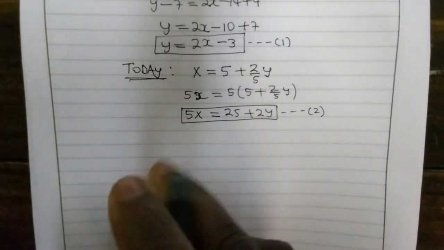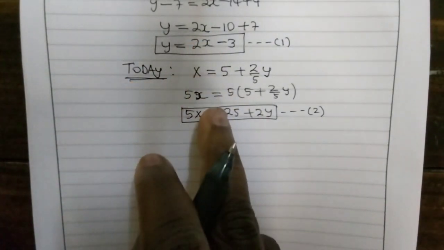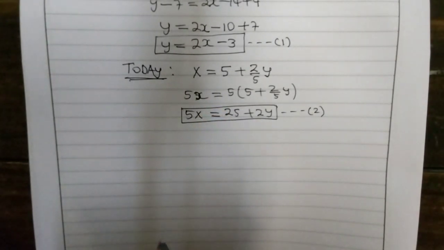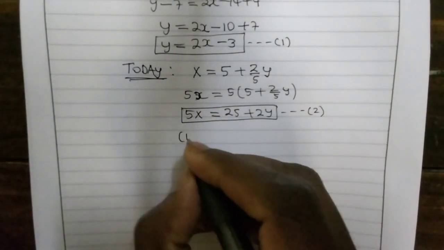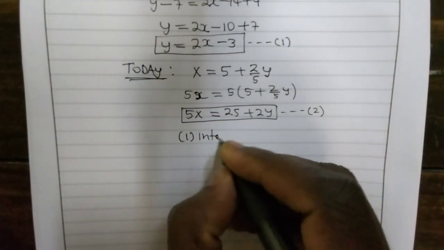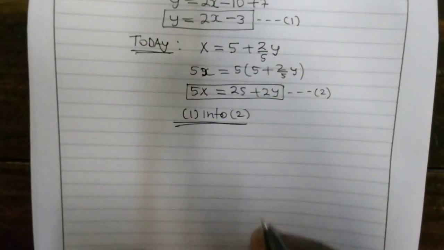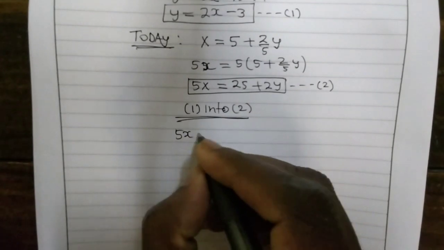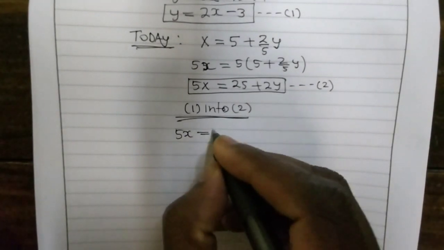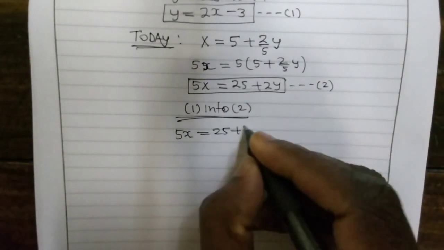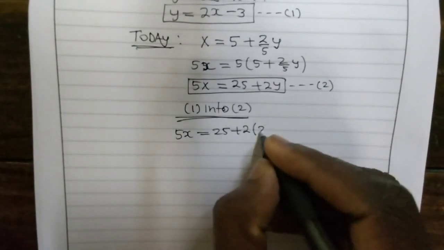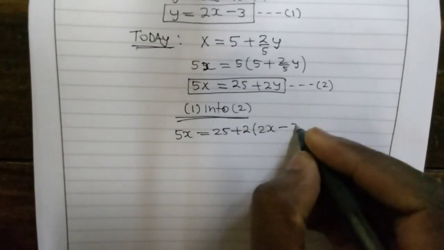Now I'm going to solve equation 1 and equation 2 simultaneously. So I'm going to substitute equation 1 into equation 2. Therefore, I'm going to have 5X equal to 25 plus 2 into 2X minus 3.